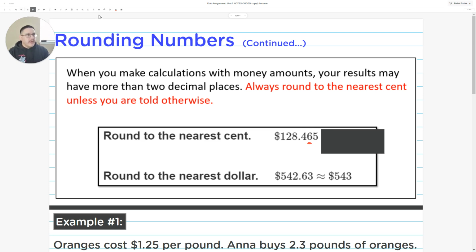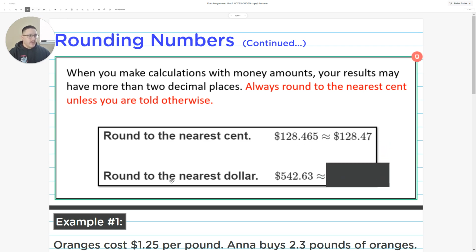So that 6 is what we're going to base our rounding from, and then the following number, the 5, is what we're going to look at. So that 5 will tell us whether to round up or down on that number. So remember, your numbers for rounding up are if it ends in 5, 6, 7, 8, or 9. It ends at a 5, so this will round up to $128.47. Again, if we round to the nearest cent.